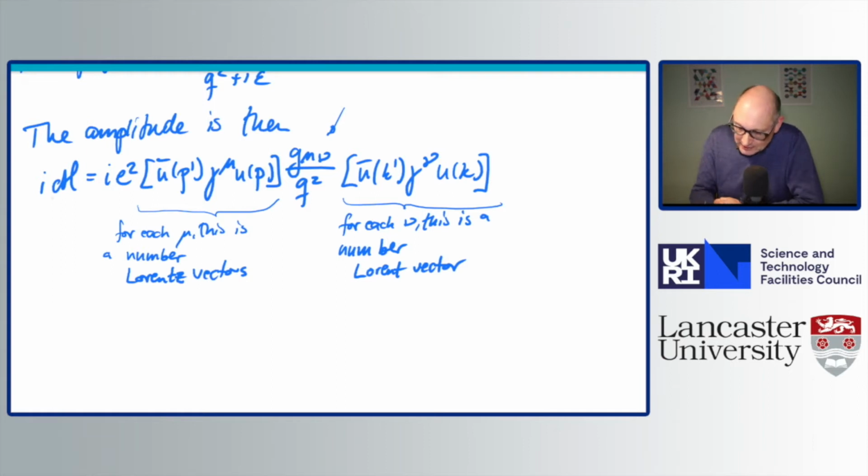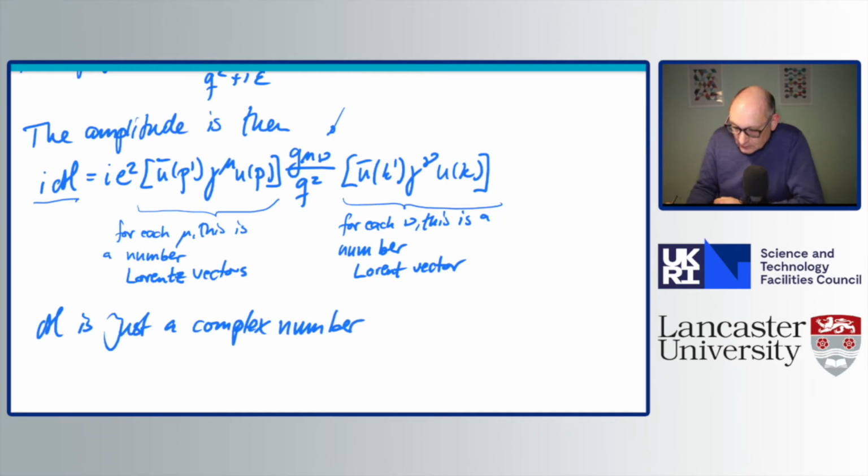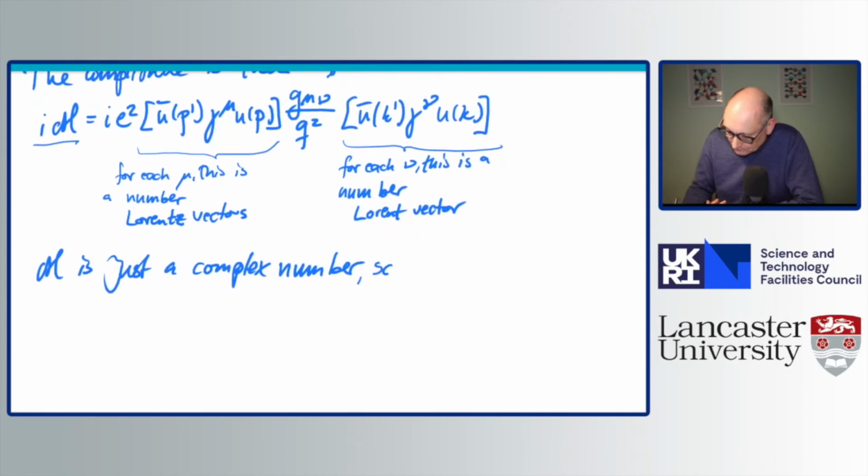But of course, if the amplitude is just a complex number, it's easy enough to square, to find the mod, if you were happy enough choosing specific representations for the spinors.